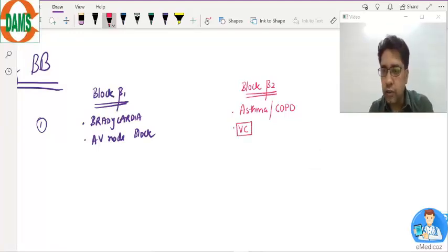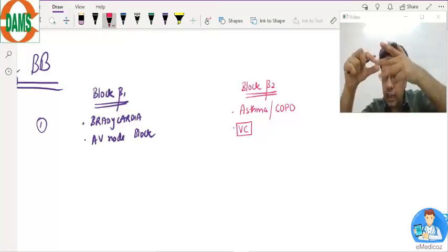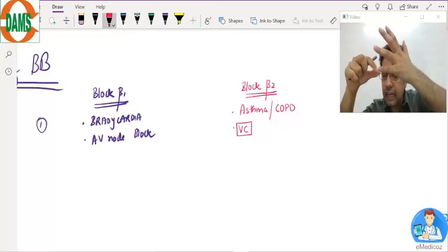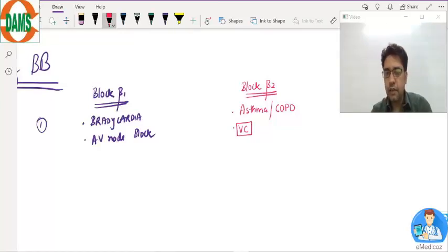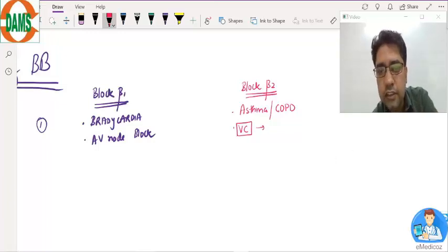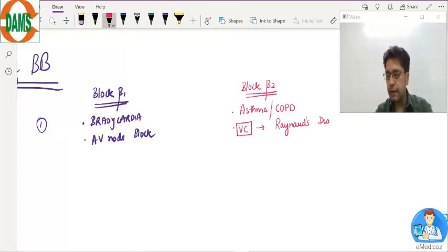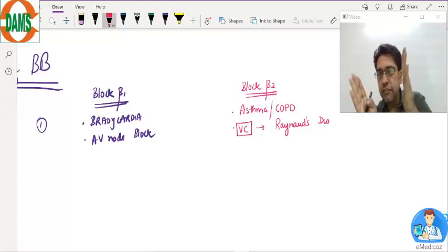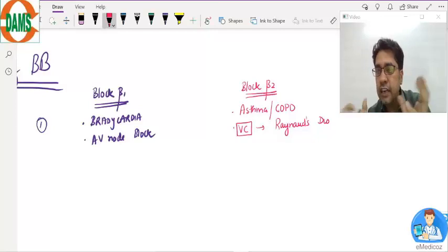If it will lead to vasoconstriction, now tell me, if there is already vasoconstriction in fingers, that disease is known as Raynaud's disease. Now, if there is vasoconstriction in coronary artery, which angina it will cause?